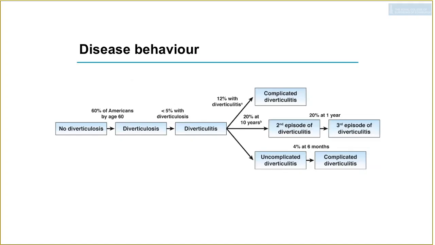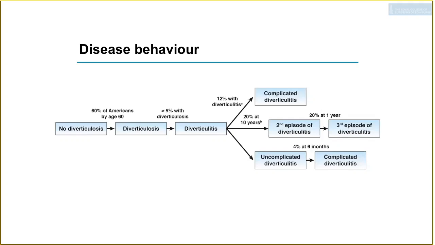Here's a representation of the disease behavior. It gives a slightly false impression that there's a continuum from no diverticulosis through to complicated diverticulitis. And as I'll explain in a moment, that's by no means necessarily the case with all patients. But around 60% of Americans, and indeed the Western population in general, will develop diverticulosis.